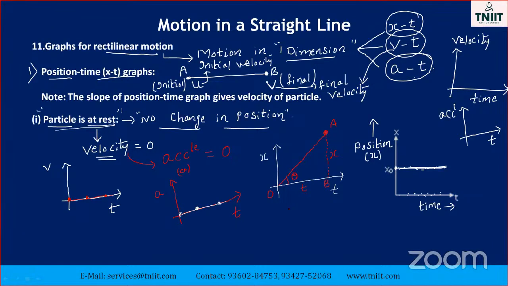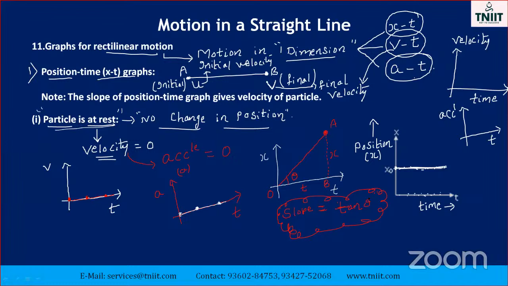Now, can we calculate the slope? Yes. How to calculate the slope? Slope is nothing but, please remember, slope represents the tan theta. Students, you have to remember this formula, which we have borrowed from mathematics. Slope always tells the function of tan theta.